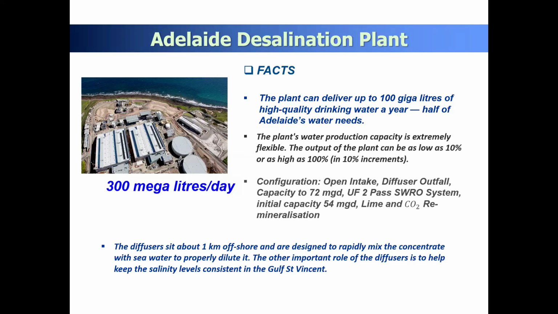Victoria and Gold Coast used dual media filtration, but Adelaide uses ultrafiltration as a treatment before reverse osmosis. So what's the difference? You need to select your process for your assignment, either ultrafiltration or dual media filtration.